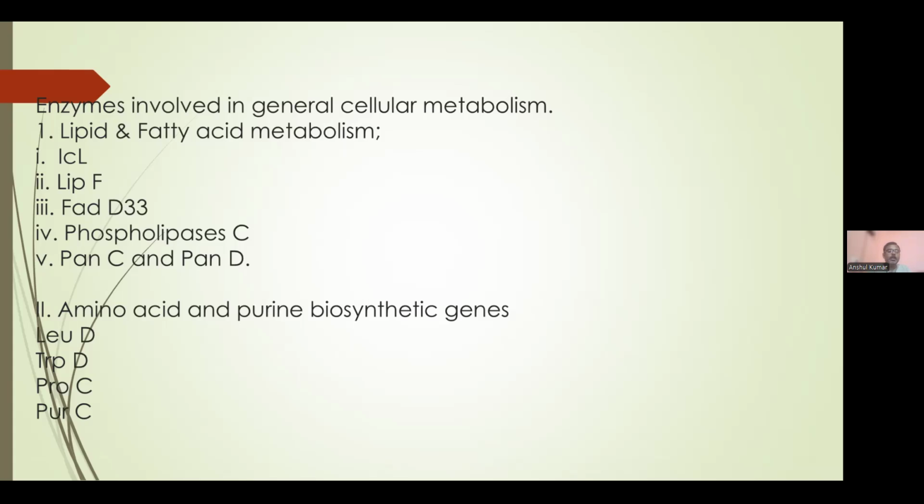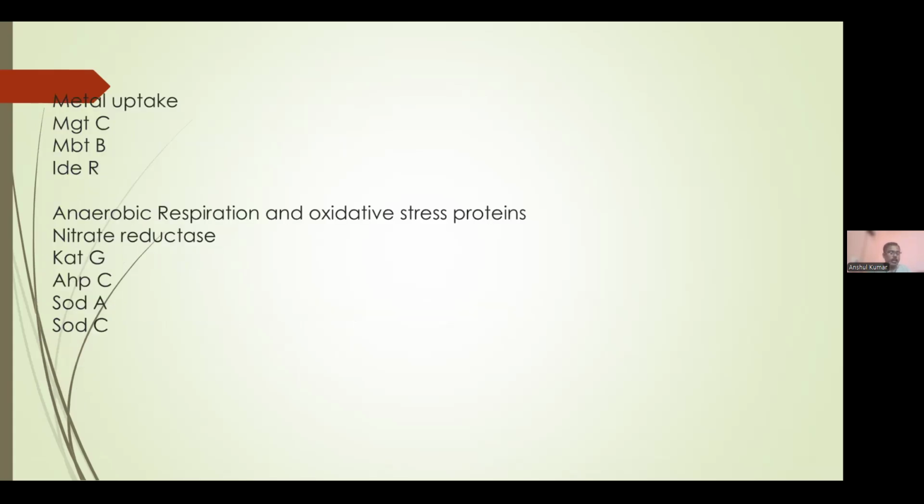Then comes the important genes which are responsible for metal uptake. Here MGTC, RV1811, then MBTB, RV2383C, then comes the IDE, RV2711. So these are the metal uptake proteins present in Mycobacterium tuberculosis and synthesized by the genes which I have mentioned.